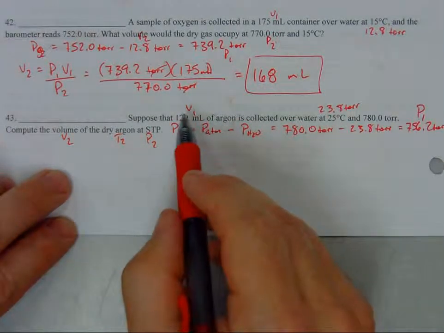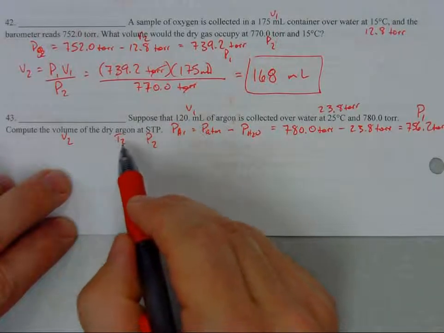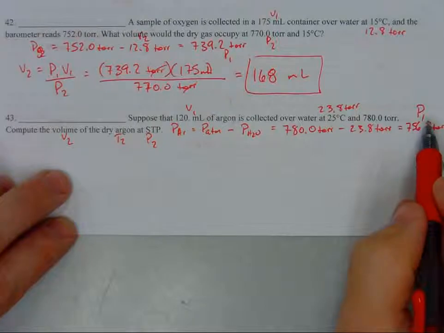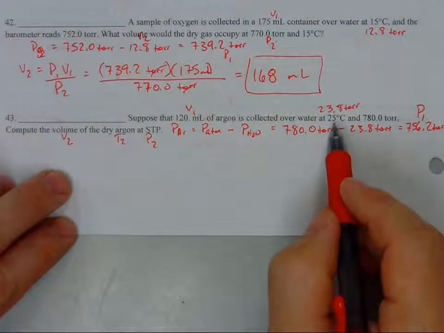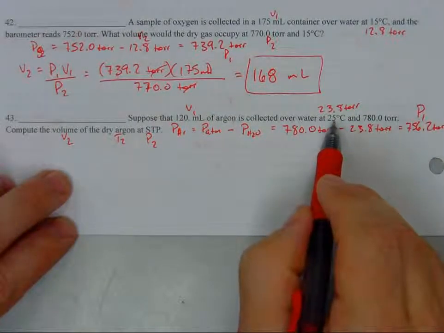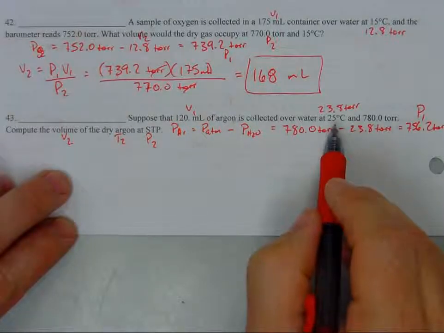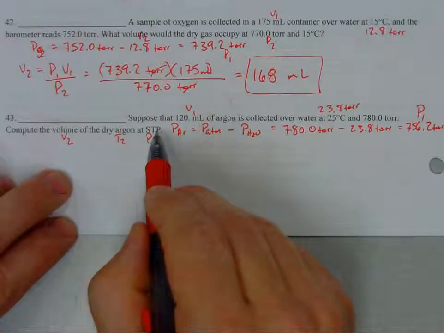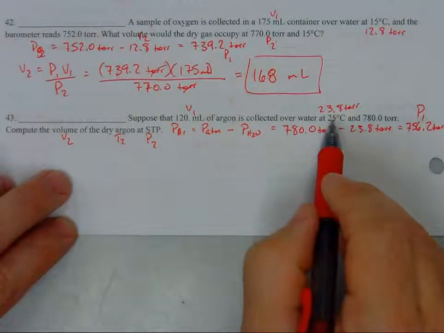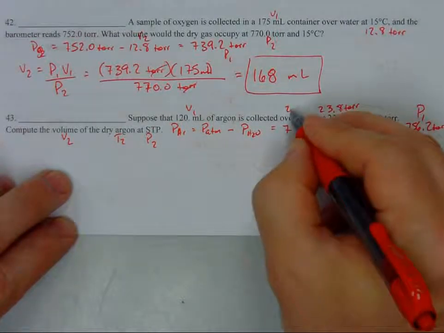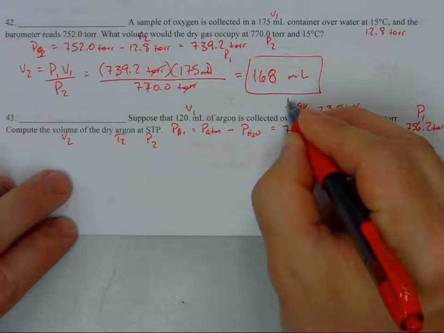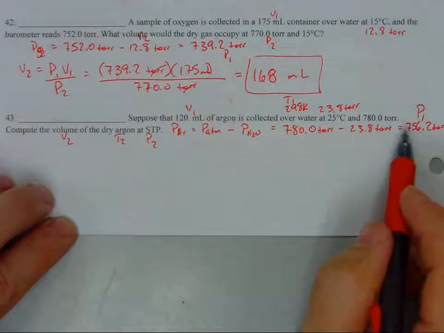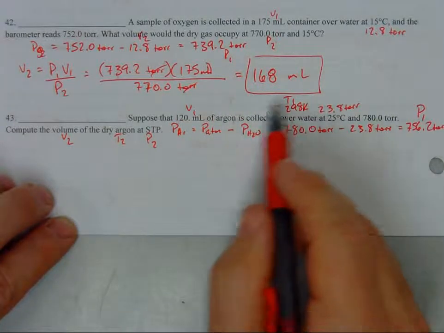Wait a minute, we actually have a T1. Now I need to turn that into kelvins, but that is an initial temperature, not our final temperature. So that's 298K, and this is T1. So we actually have 1, 2, 3, 4, 5, 6 values present.